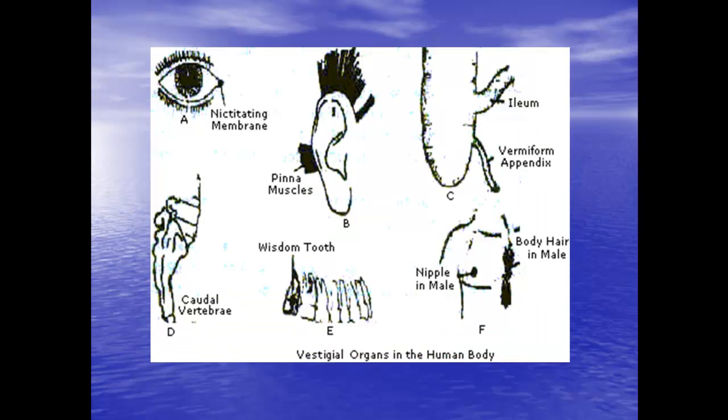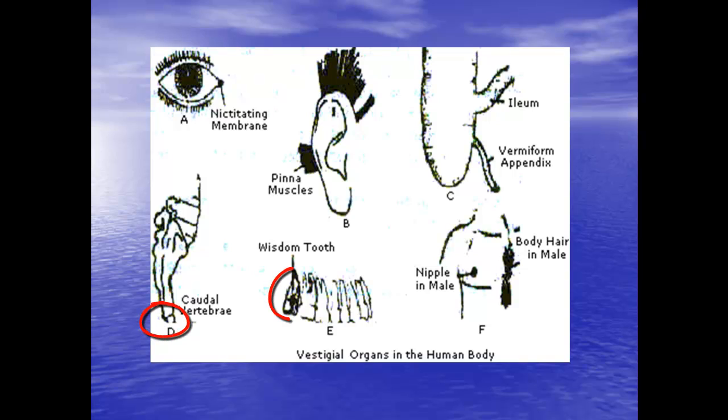Other features that you can find on yourself that are considered vestigial structures are things like the nictitating membrane. It's a fold of skin and connective tissue that's in the corner of your eye. These are found in some birds and other reptiles. Muscles attached to the ear, which have no function in humans, but in other organisms, allow them to move their ear to locate sound.